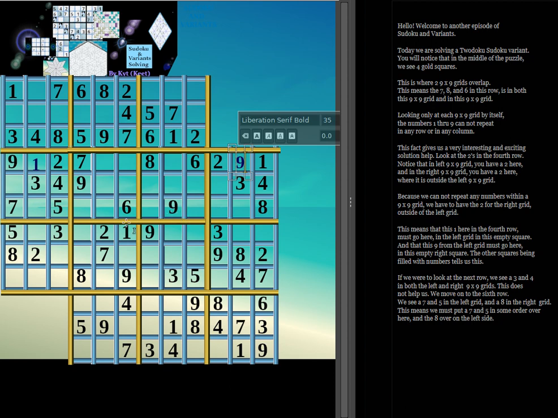We move on to the sixth row. We see a 7 and 5 in the left grid and an 8 in the right grid. This means we must put a 7 and a 5 in some order over here and the 8 over on the left side.